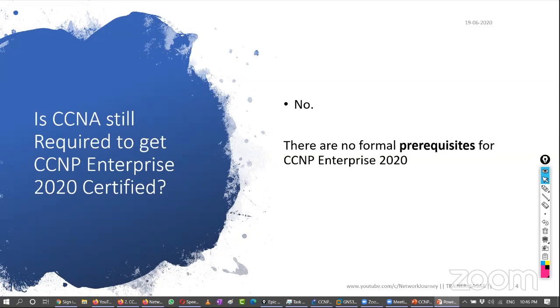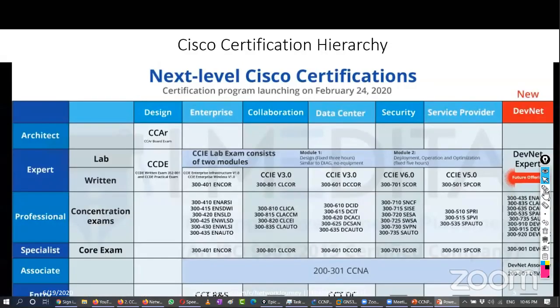This is the present track. We are over here. This is the CCNP core paper, and these are the CCNP concentration papers. Now there is one more interesting fact.